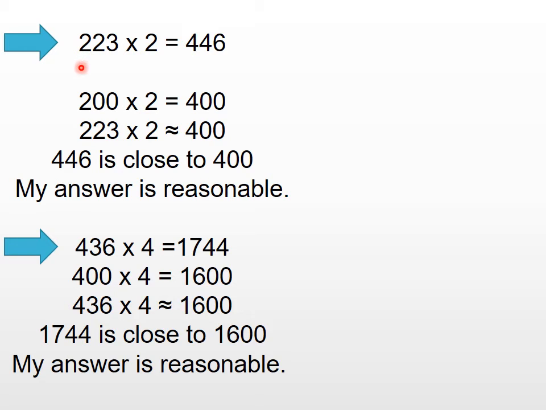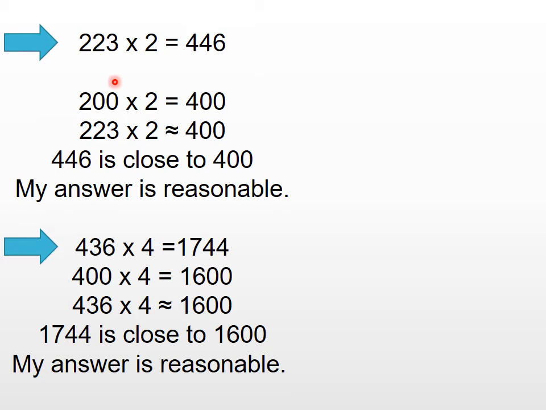You know that 223 is close to 200 or 300. It's closer to 200, right? Now, what is 200 multiplied by 2? You can simply multiply 2 by 2 and carry on the zeros to the answer. 200 means 2 hundreds, so 2 multiplied by 2 is 4 hundreds, so 400.